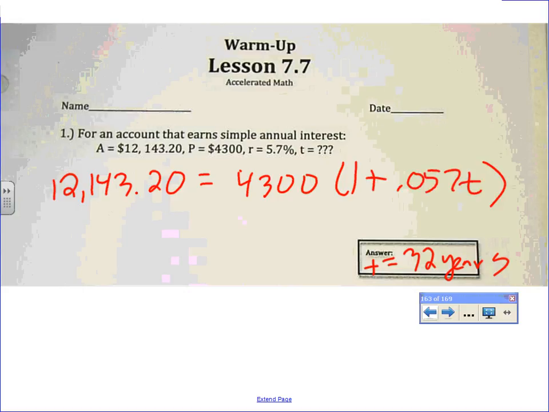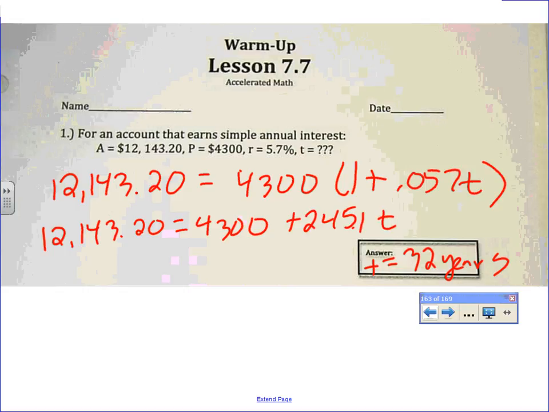And then distribute. So 12,143.20 equals 4,300 plus 245.1t. And then from there, subtract 4,300 from both sides, and then divide by 245.1. I can keep going if anyone needs me to.